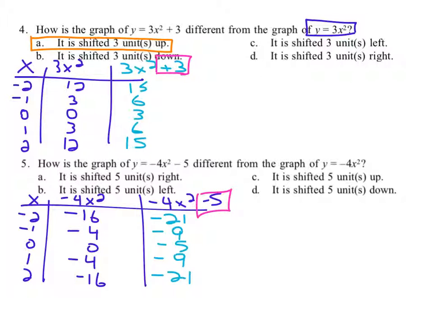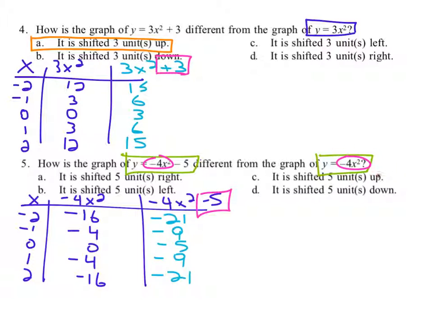If they said, okay, we're going to start you out with an original equation of this, and now we're going to write that exact same equation, but subtract 5 from it, it'll shift it down 5 units. It doesn't matter whether it was negative, this one's negative 4x squared, right? Doesn't matter, okay?